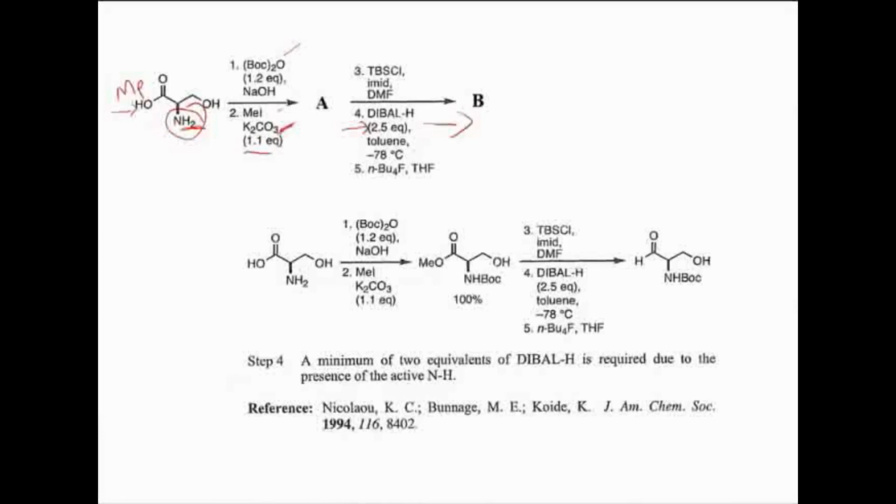Look here, Boc protects the NH group. Next, methyl iodide protects the carboxylic acid group. Then the tertiary butyl silyl group protects this one. Now we are having the ester group. When you treat this with DIBAL, this ester is converted to aldehyde. Finally, fluoride ions will cleave the silyl group. It is not shown here, but initially it was present as OTBS. After using fluoride ion, this will be cleaved to give you OH.